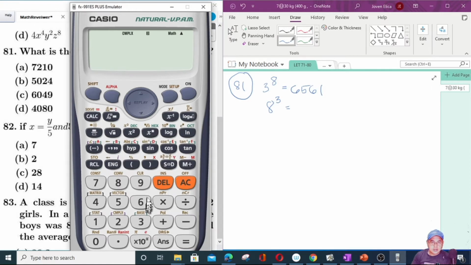Okay, and then 8 raised to 3 is equal to 512.